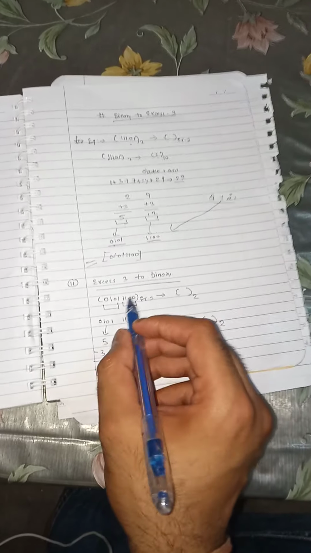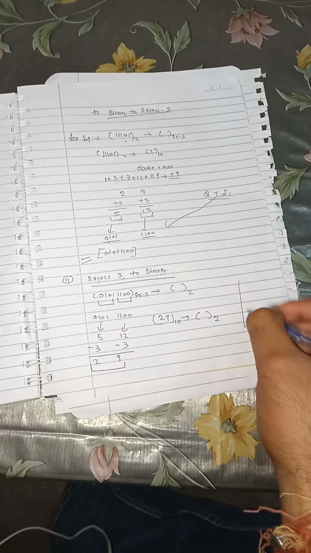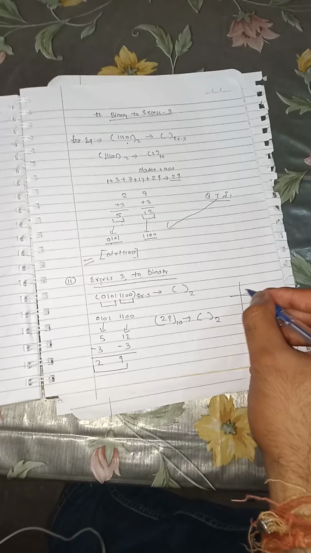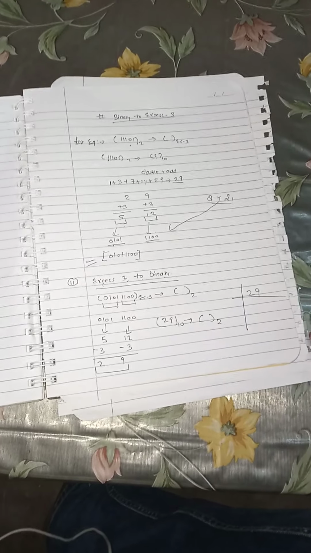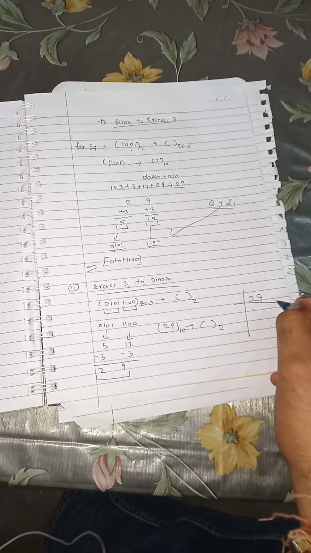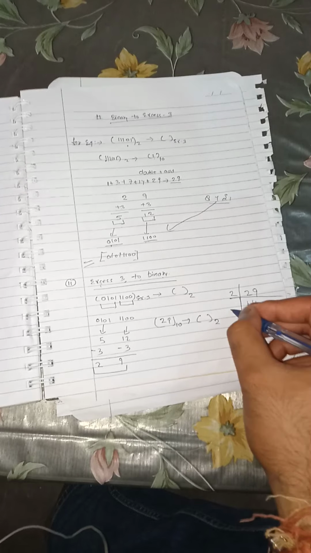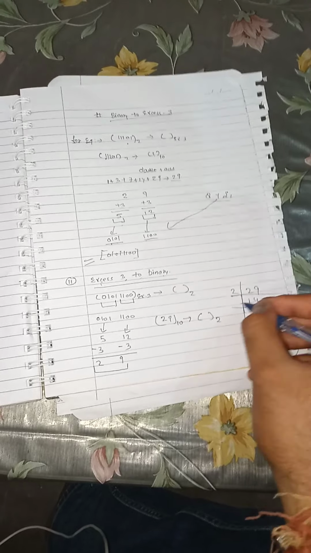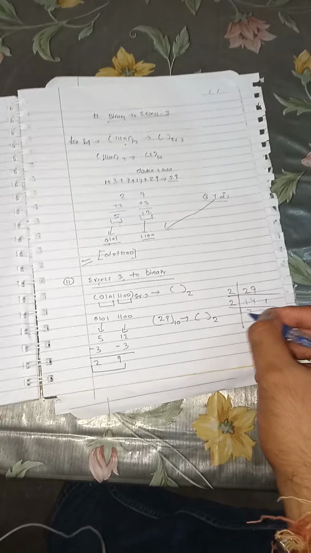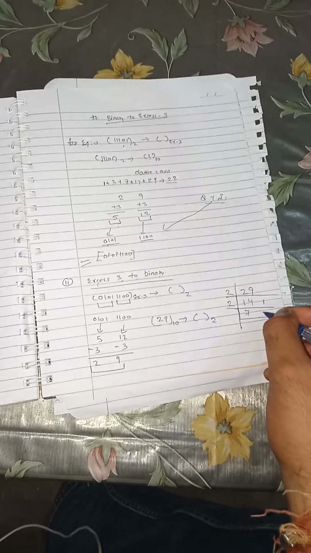I need to convert this 29 to binary, because as we know, the heading is Excess-3 to binary. We know how to convert from decimal to binary. So I have taken here 29. I'll divide it by 2, and here I will write the quotient, and here I will write the remainder. 29 divided by 2 is 14, and the remainder will be 1. Now 7, remainder will be 0.